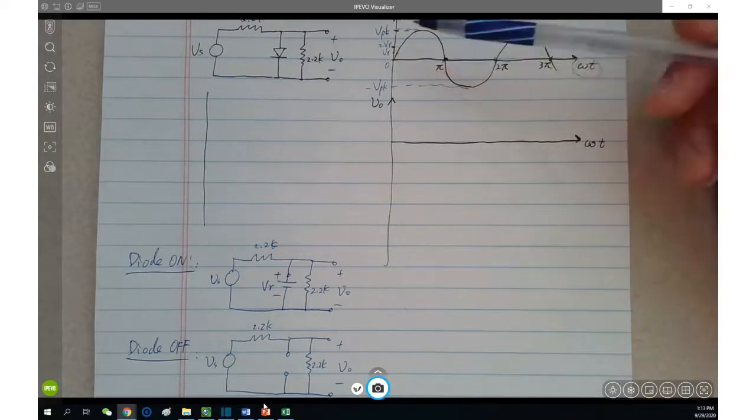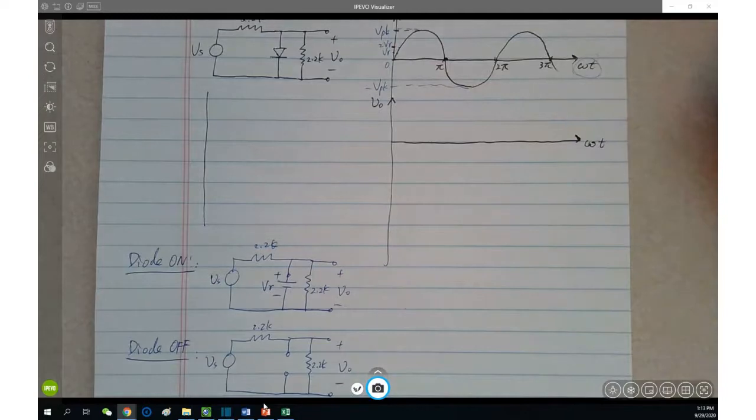In this circuit, to make the voltage across the diode become V gamma, your Vs must be equal to 2V gamma. Does this make sense now?